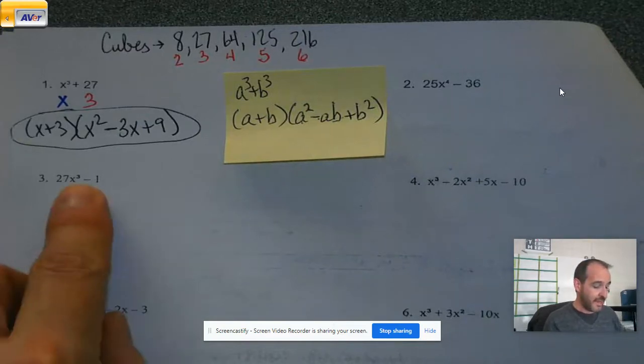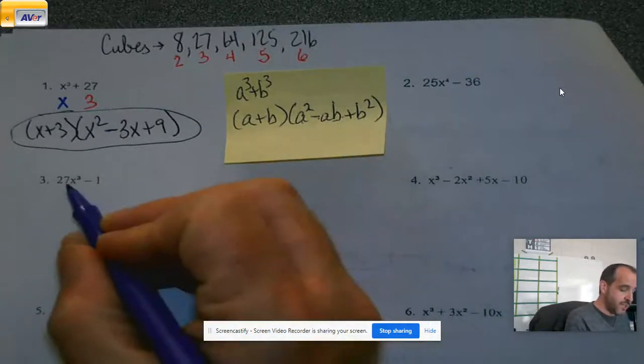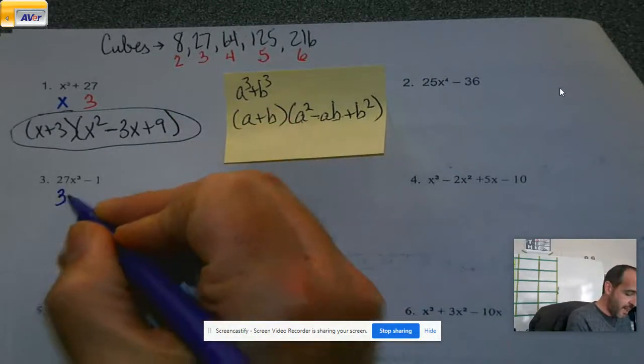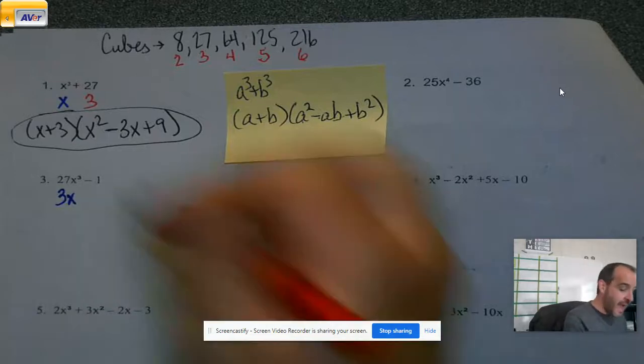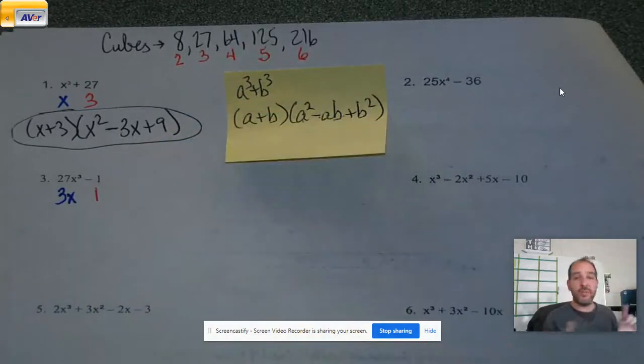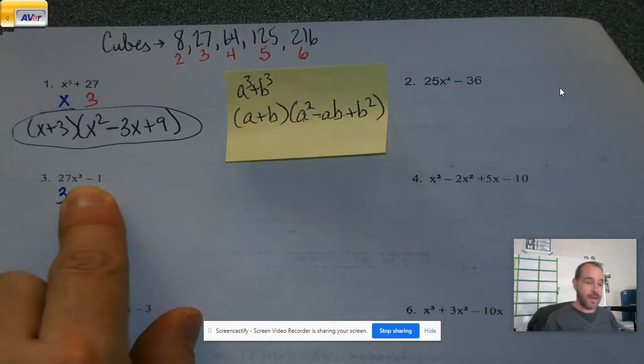Same thing. I see a cube. Okay? So again, what do I cube to get 27? 3, and x to get x cubed. I cube 1 to get 1. Ignore the sign. The sign's only going to come into play when we're doing the form, which is slightly different when there's a minus in the middle.